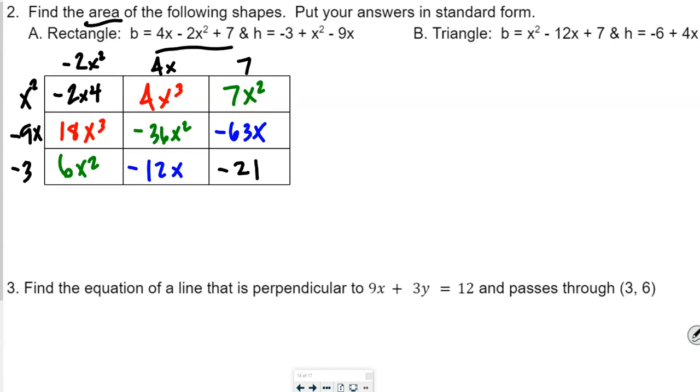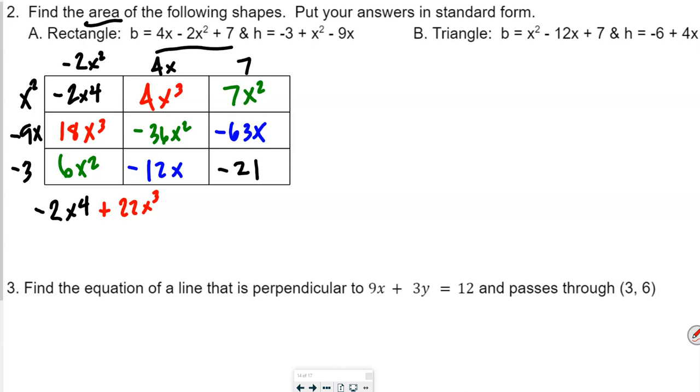So now we're just looking for our like terms and we're combining them, right? So when I do this, I get negative 2x to the 4th. We're going to combine the red. 18 and 4 would be plus 22x to the 3rd. Then we've got 6. We're subtracting 6 from 36.